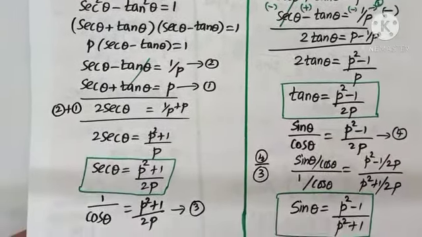Divide this answer and this answer. As I divide, 2p cancels. Cos theta cancels. We are left with sin theta equals p square minus 1 by p square plus 1, and so we have found secant, tan and sin in terms of p, and that is the answer.